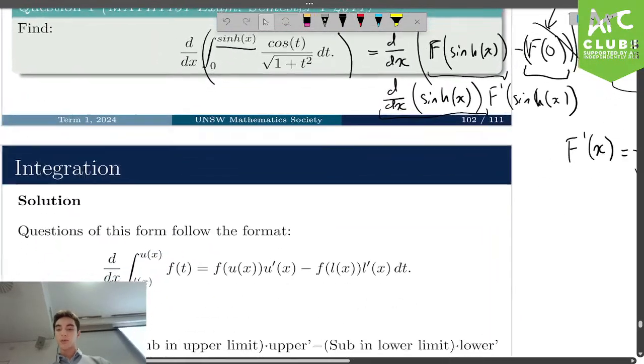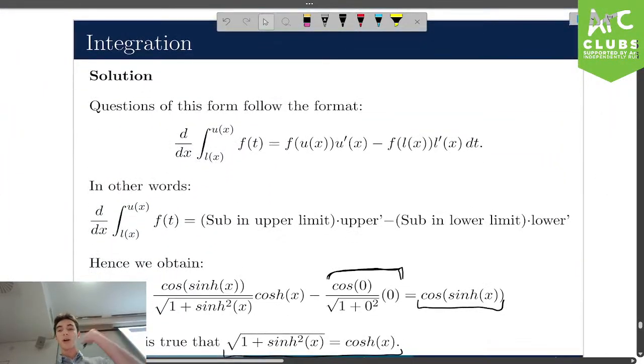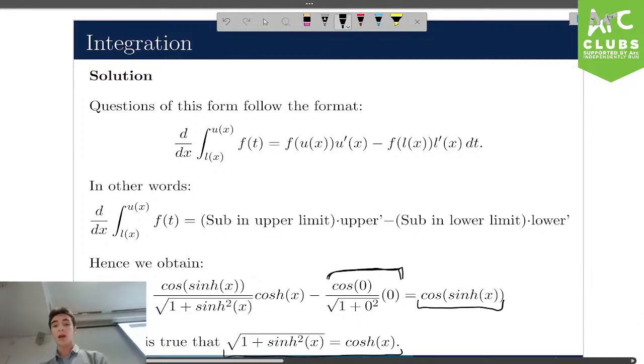And here in the notes, we do have a more general expression for what you actually end up with when you take these sort of derivatives, okay? So this is f evaluated at u of x multiplied by the derivative of u at x, minus f evaluated at L of x multiplied by the derivative of L evaluated at x, okay?